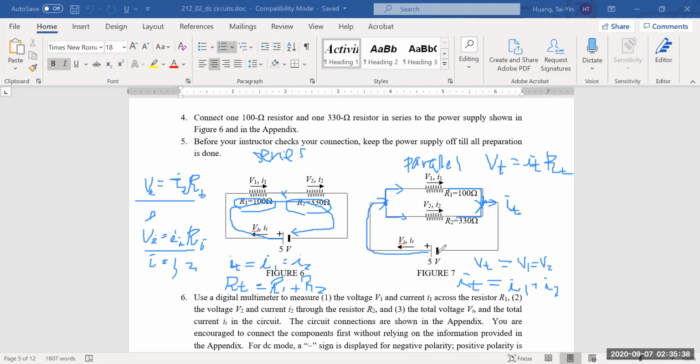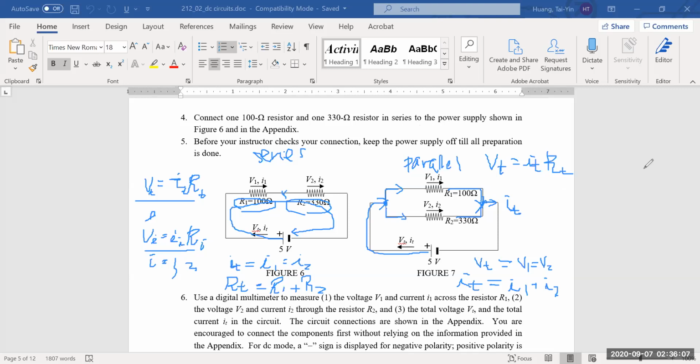If V total is 5, you need to know RT in order to calculate IT. And once you calculate IT, you know that VT is equal to V1 and V2, and using V equals IR, you can calculate individual currents. Then I total is I1 plus I2. You need to calculate RT.